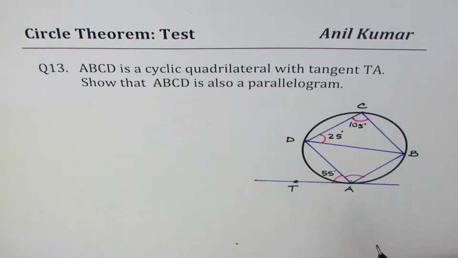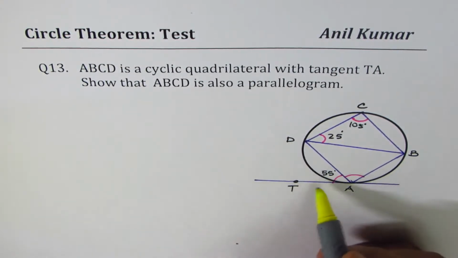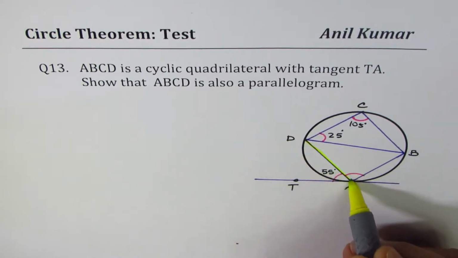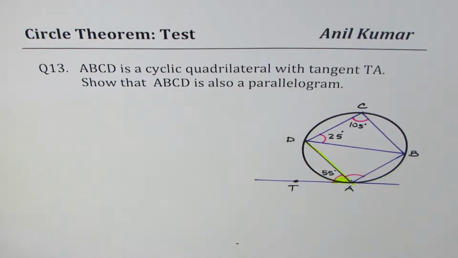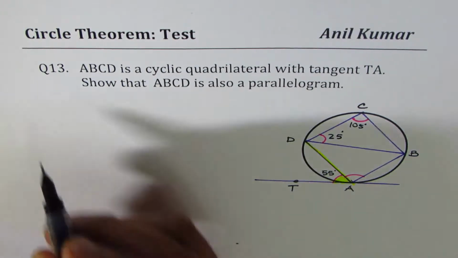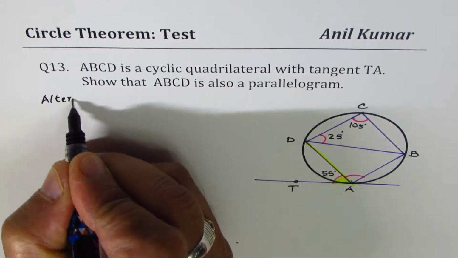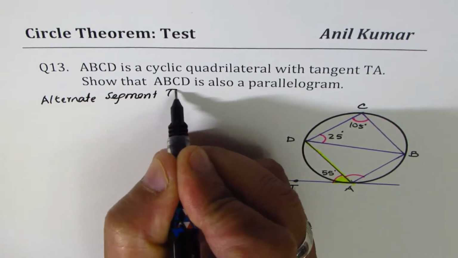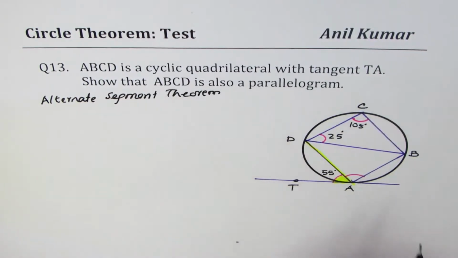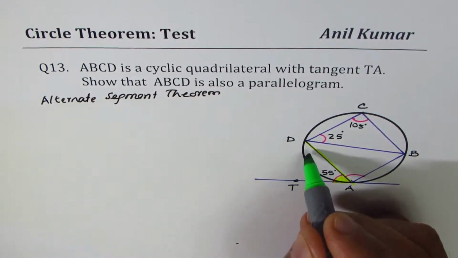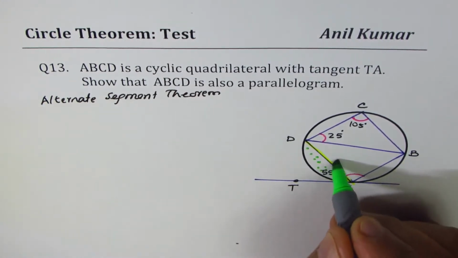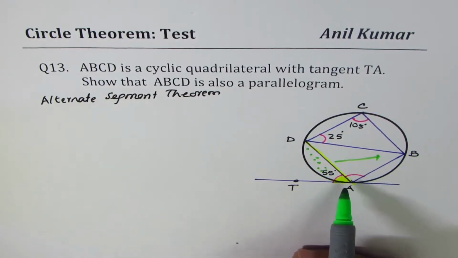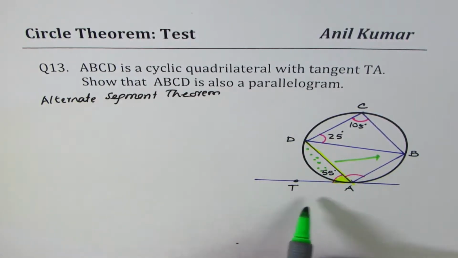Now, from the circle theorems, we can relate the angle between the tangent and the chord, this is the chord TA, and the angle 55, with the angle inside the quadrilateral using the alternate segment theorem. So you have to look for the angle which is formed opposite to the segment which is formed by the tangent and the chord.